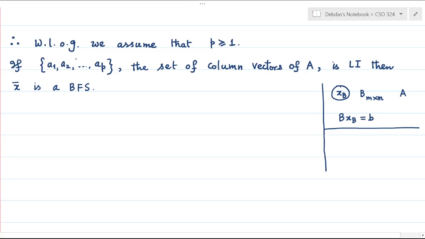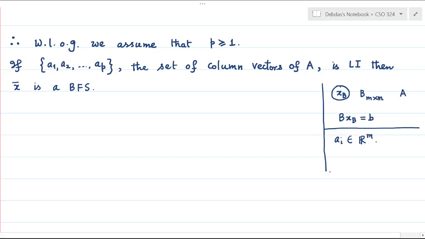If A1, A2, ..., AP are linearly independent, and here all these column vectors are m-dimensional, because any column vector Ai of the matrix capital A belongs to Rm, right?